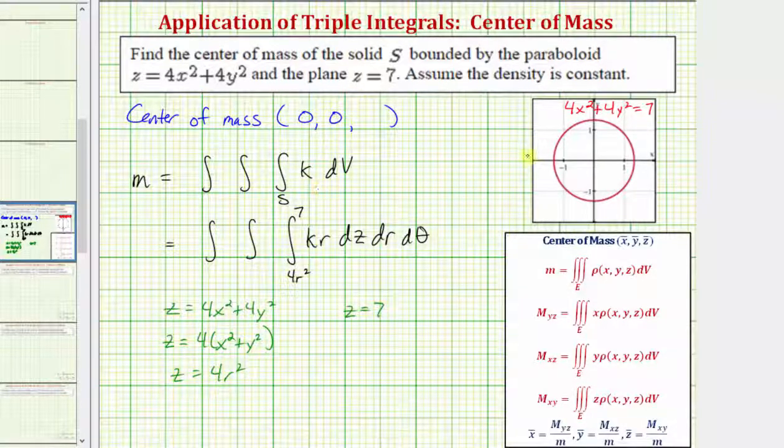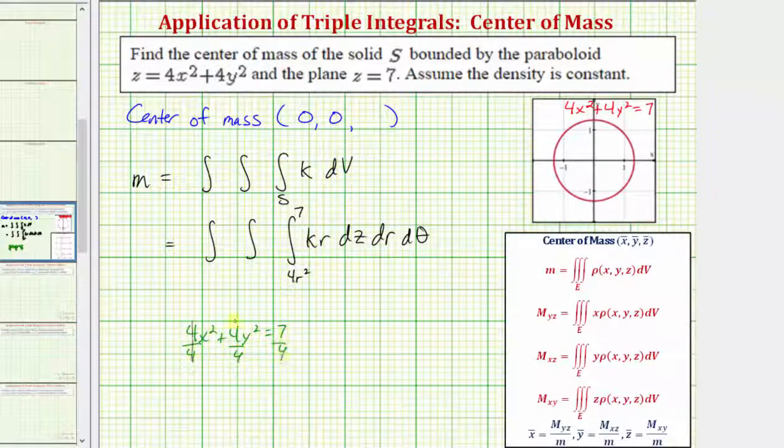And now we'll use the z equals 7 trace here to determine the limits of integration for r and theta. To help us determine the radius of this circle, let's go ahead and divide everything by 4. So if we have 4x squared plus 4y squared equals 7, and we divide both sides by 4, notice how this tells us x squared plus y squared is equal to 7/4, which means r squared is equal to 7/4.